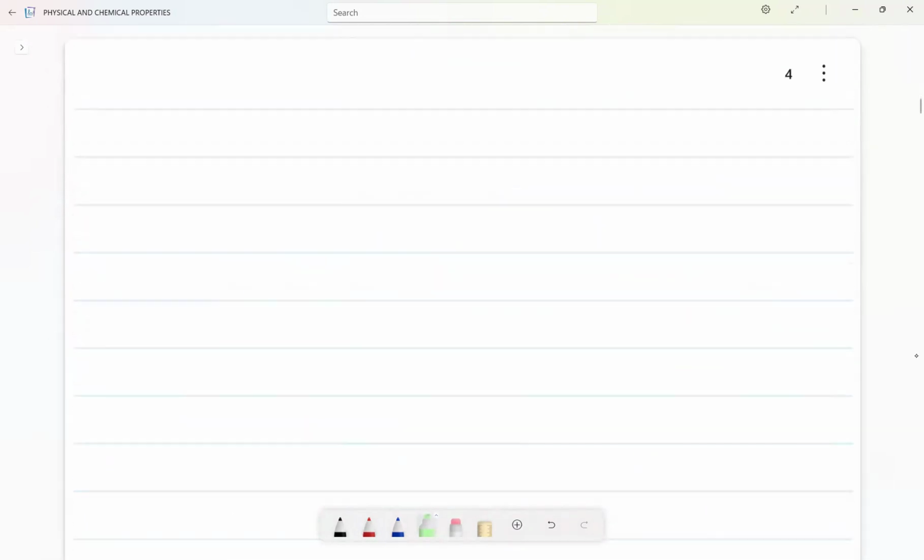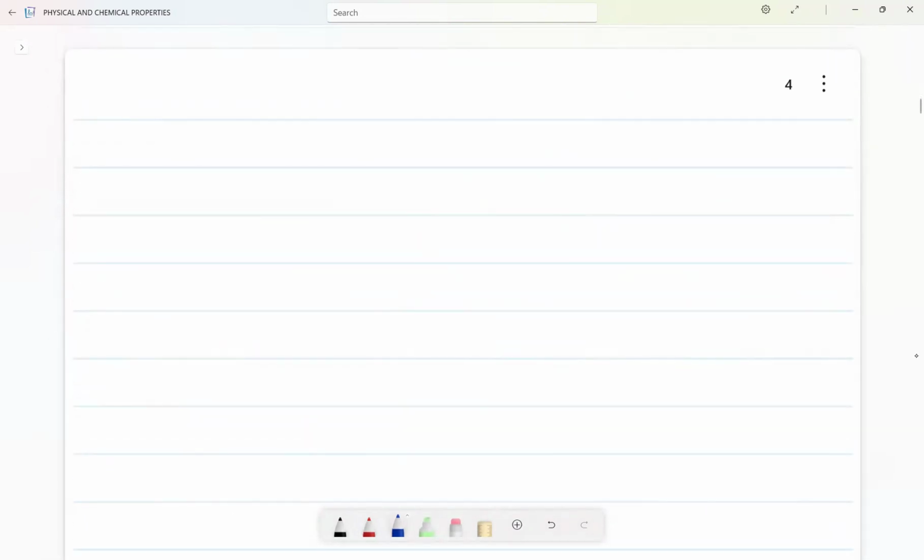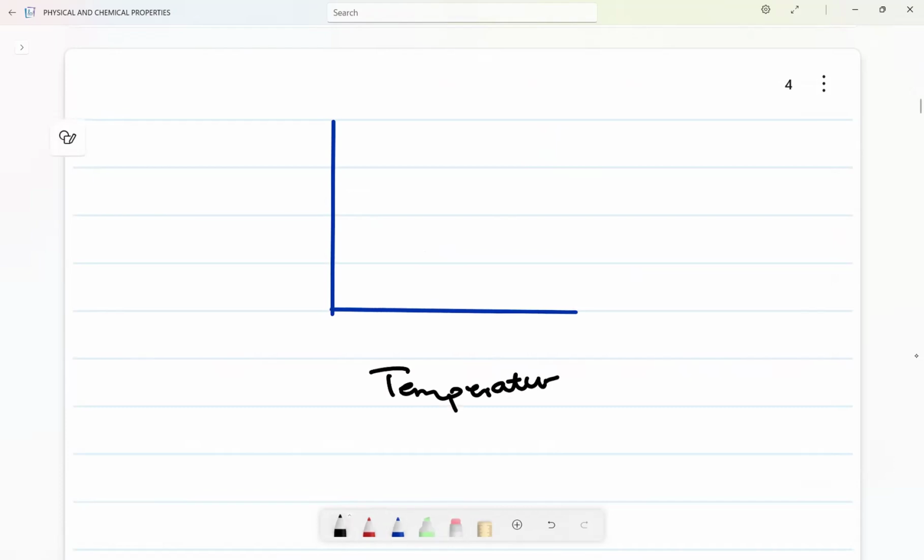Sometimes they can just give you a mini graph like this, and say this is temperature, and let's say this is water, and this is atmospheric pressure, vapor pressure.